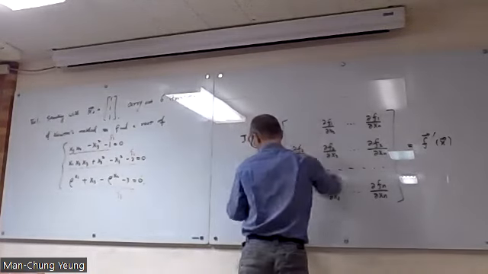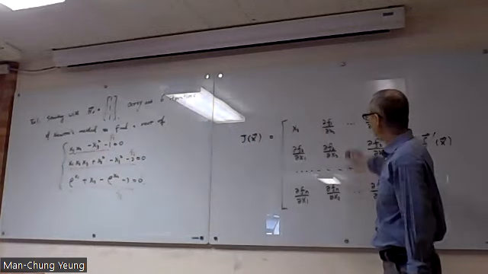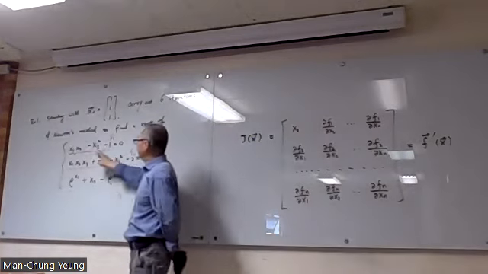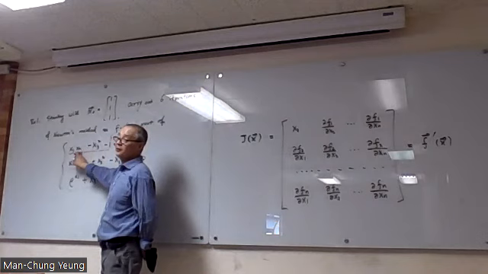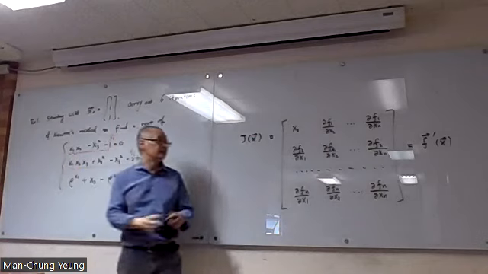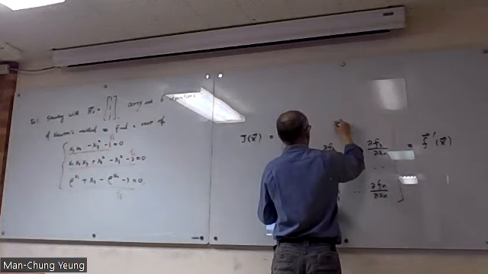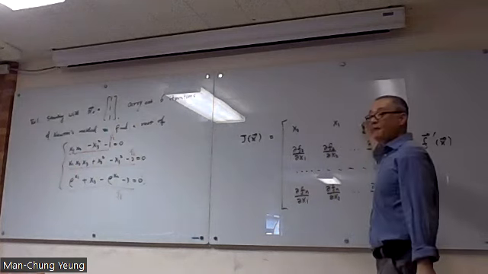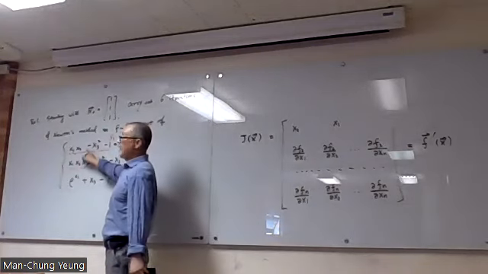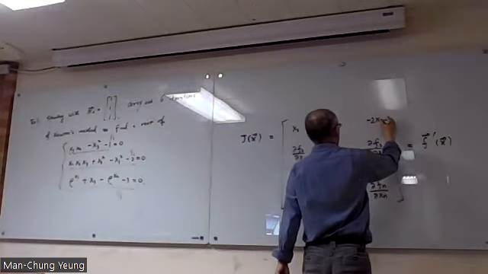Now f1 with respect to x2: only x1 is left, so this is x1. Then f1 with respect to x3.